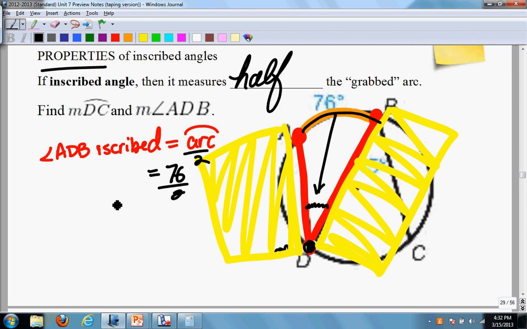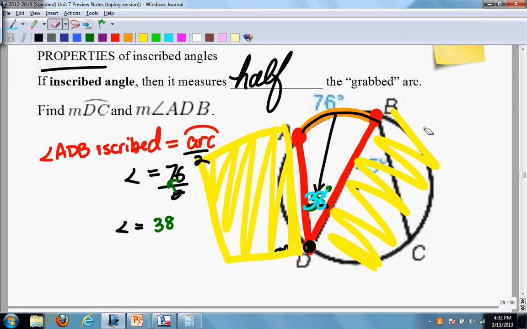So the angle equals 76 divided by 2. 2 goes in there 3 times, 1 left over, 38. So this angle back here is 38 degrees. Okay, pull your Post-its off.